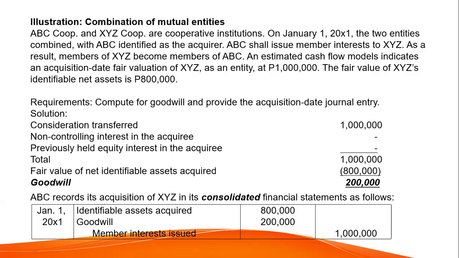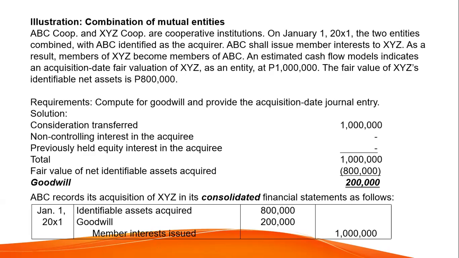So we now have the consideration transferred equal to 1 million, and then we are going to deduct the fair value of net identifiable assets of 800,000, the amount of goodwill of 200,000.